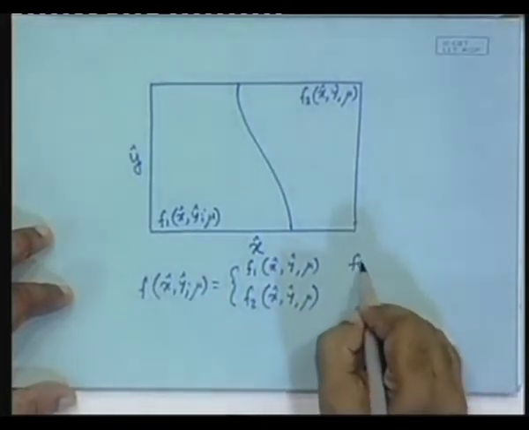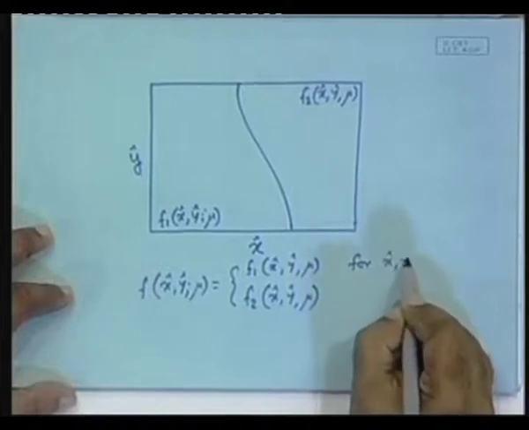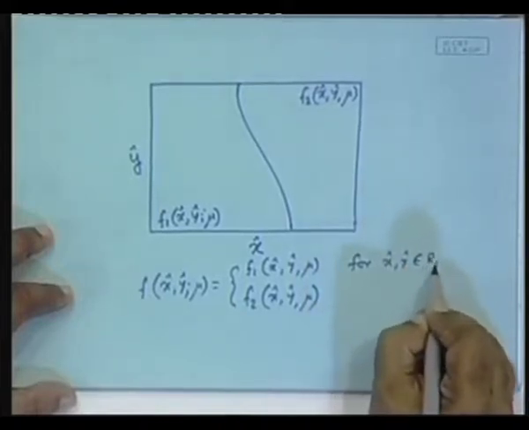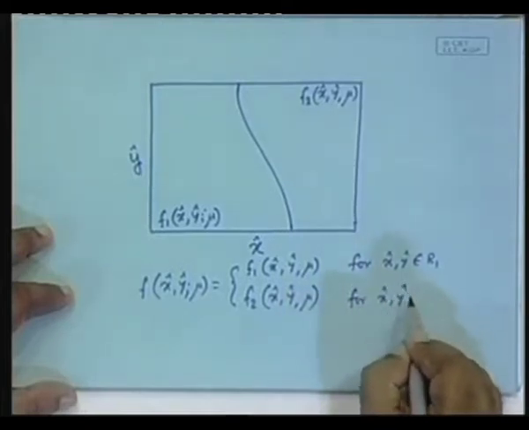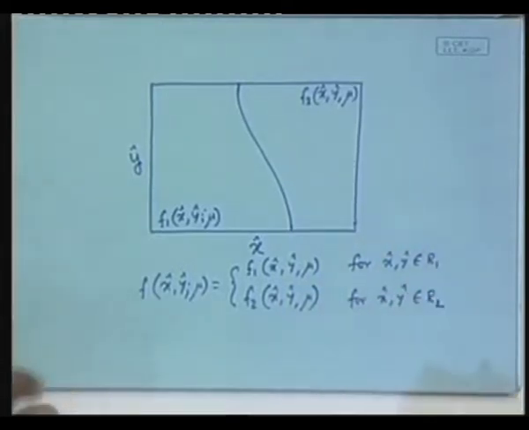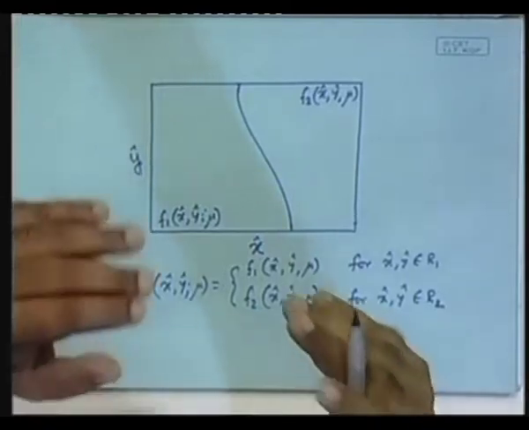The first is for x hat, y hat in, say, region 1, and the second is for x hat, y hat in region 2. So, that is the situation that we start from, where, as I told you, in practical situations of piecewise smooth dynamical systems, switching systems, you are likely to come across this kind of maps, discrete dynamical systems.